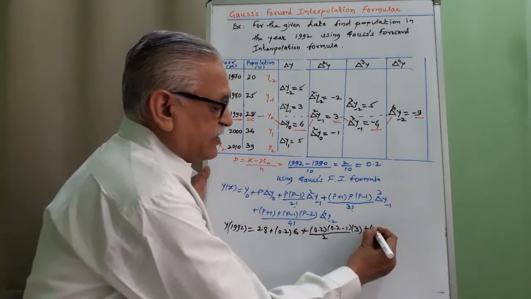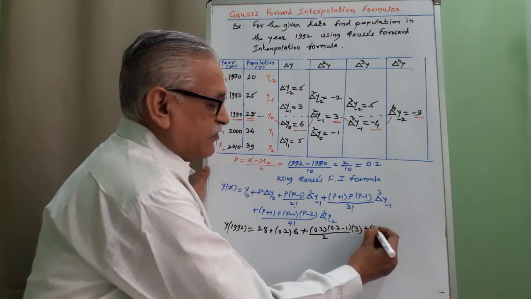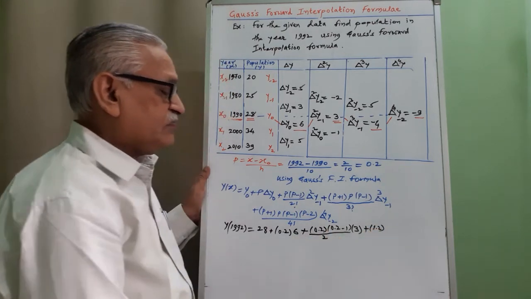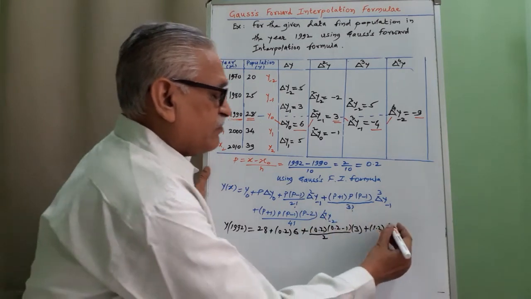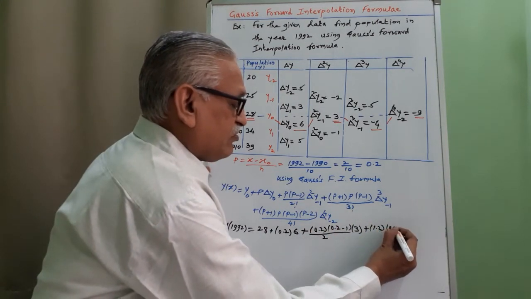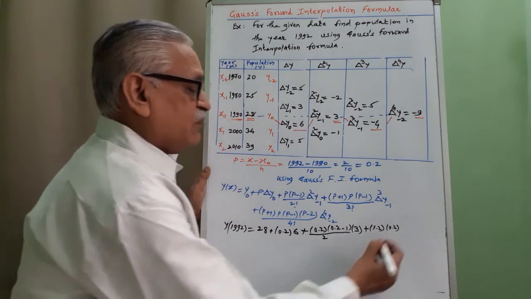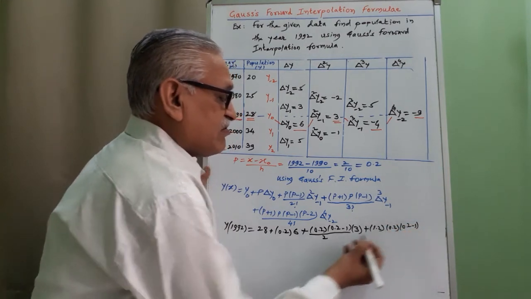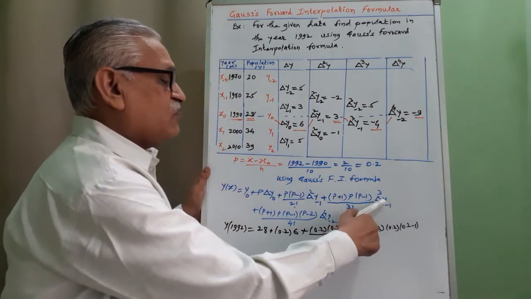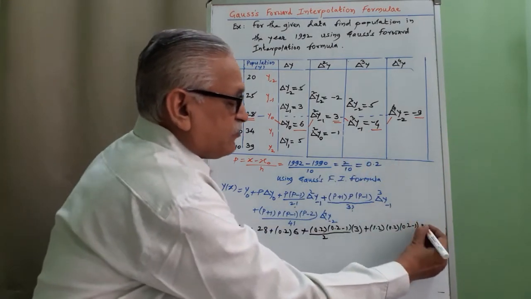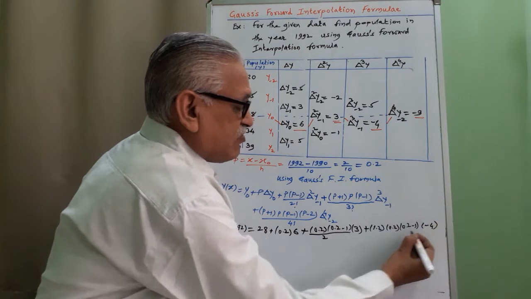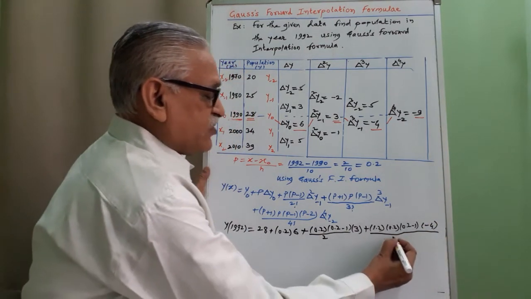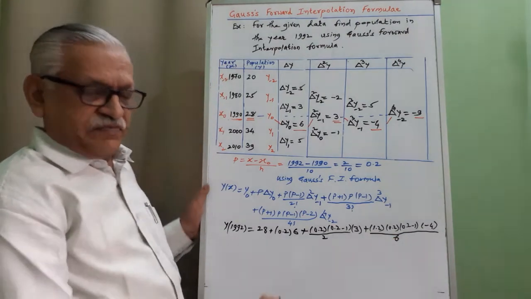If we add it, directly I will make that addition as 1.2 into P 0.2 into P minus 1, del cube y minus 1 is minus 4, divided by 3 factorial. 3 factorial is 6.